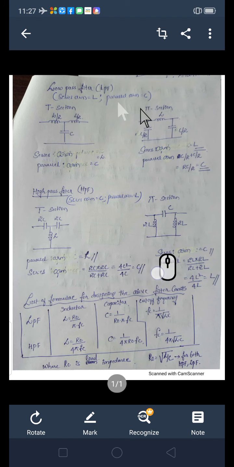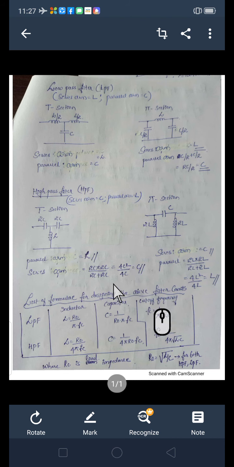That means you should draw these. L should be L by 2 here, here it should be C by 2. If you get this problem on high pass, the capacitor should be 2C and the inductor should be 2L. Why it is like that, I have explained already.